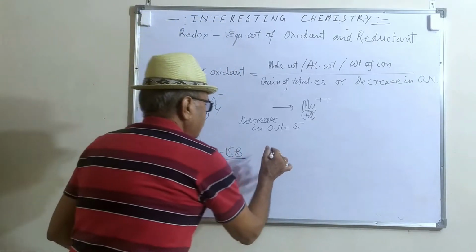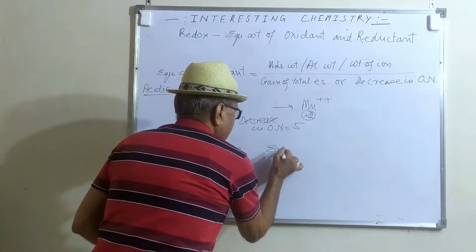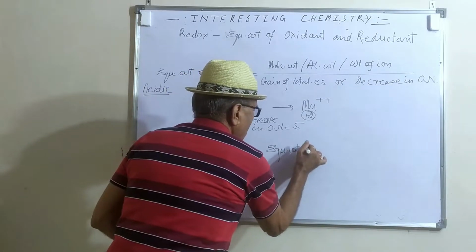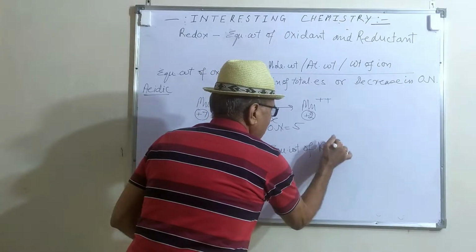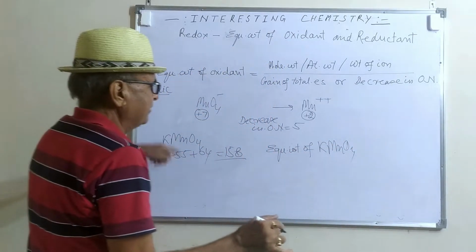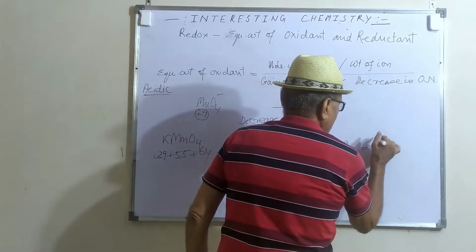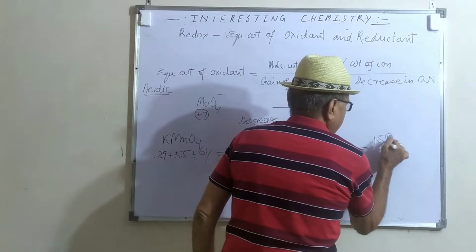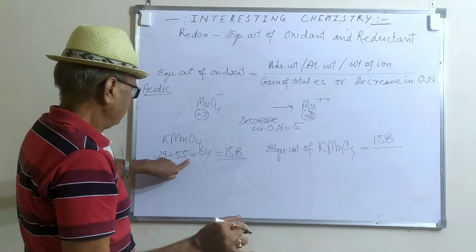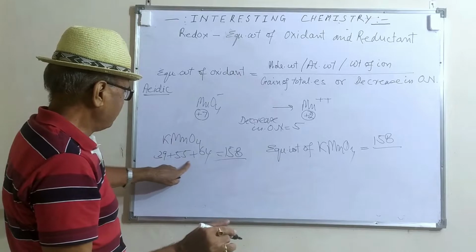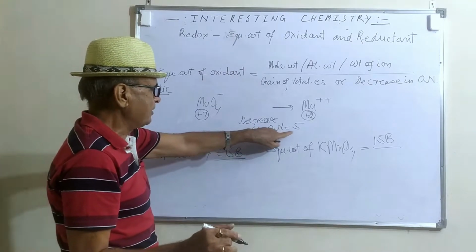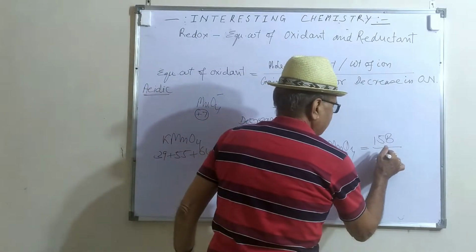So the equivalent weight of KMnO4 in acidic medium is equal to the molecular weight, 158, divided by the decrease in the oxidation number, 5.